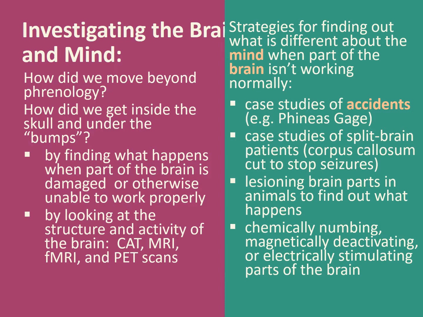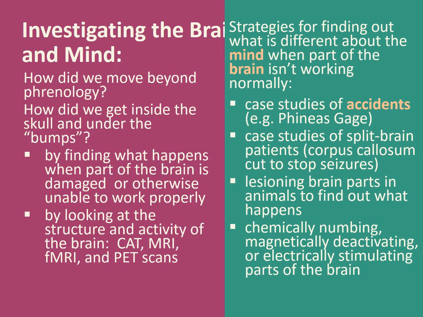So you can hold it up to the person's head, deactivate that region for a couple of seconds, and then see what happens. This is thought to be generally safe, but it hasn't been around long enough to know that it's perfectly safe. I probably wouldn't want to have it done on me many, many times, especially within a short period of time. But so far, it seems safe.